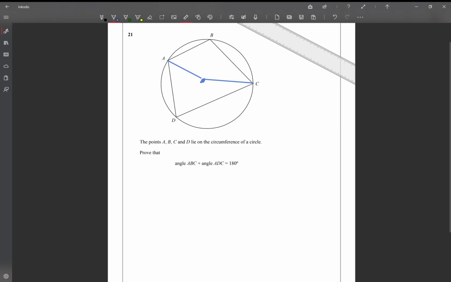Okay, so the circle theorem we're using is the one: angles subtended at the circumference are double that from the middle. What I mean is, this angle here is going to be double this angle here. So the angles at the centre are double the angles at the circumference.